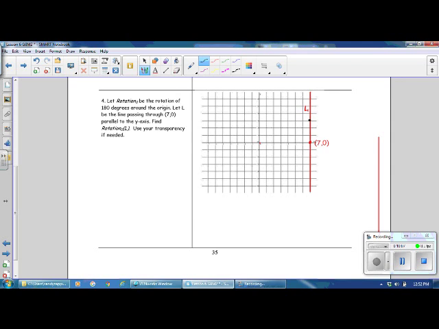And let's see, that's (7, 3). And then draw a line through the origin and through that point. And extend it. That will be our line that we are rotating it through. Then take your transparency and we'll rotate the line.